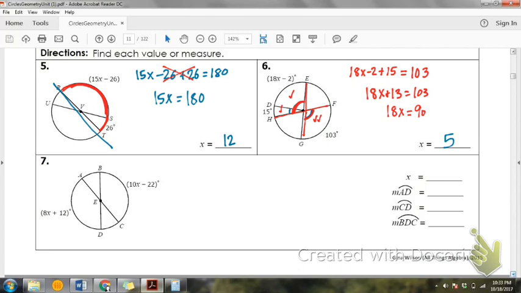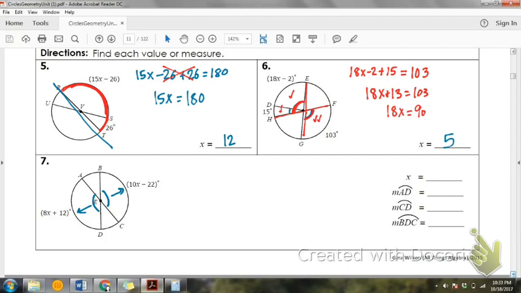Alright, number 7 is done the same way. Because on 7 we have vertical angles, right? And that's the same as their arcs. Okay, the measures of the angles are the same as the measures of the arcs. So I know that I can set these two measures equal to each other.